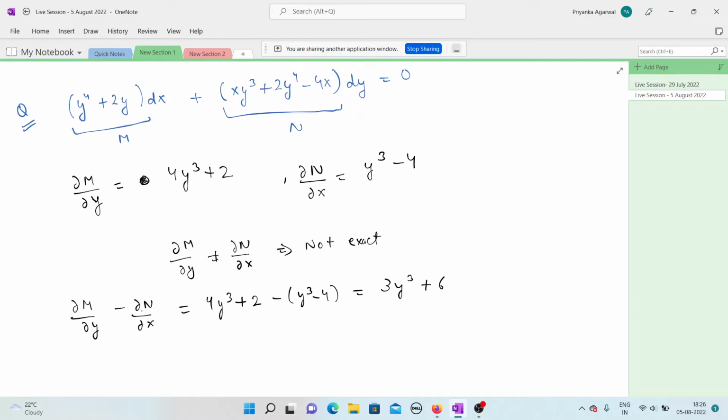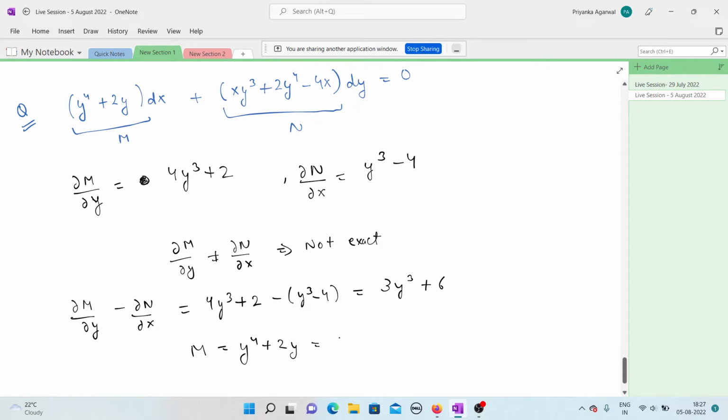Right? Now what will happen if I divide it with n? So if you see clearly, n is y to the power 4 plus 2y.